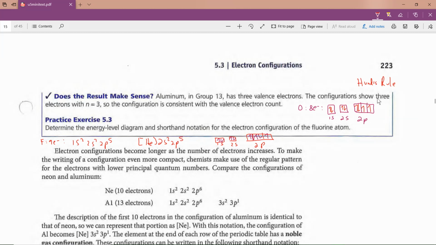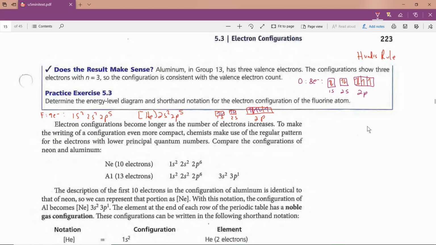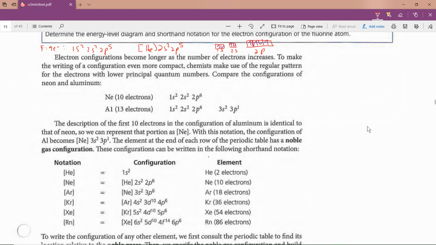Hund's rule is associated with that. Okay, some people ask they just want the valence configuration, so then you would just write 2s2, 2p4. Electron configurations, why do we care about them? Because lots of reasons. They help us with predictions and explanations of periodic properties, help us with reactivities, help us with bonding. Okay?